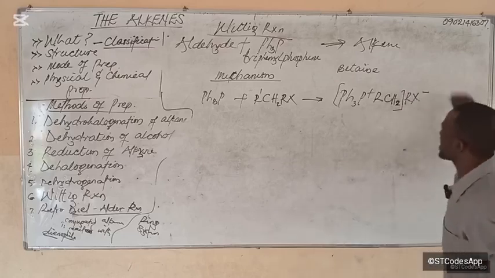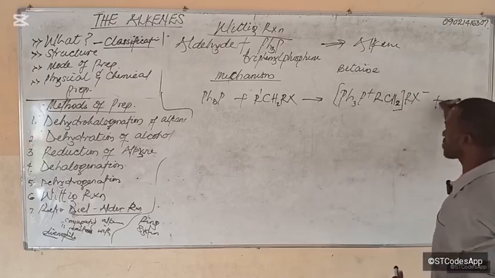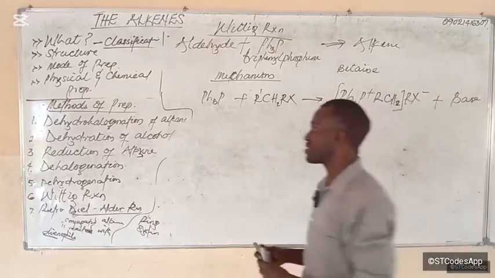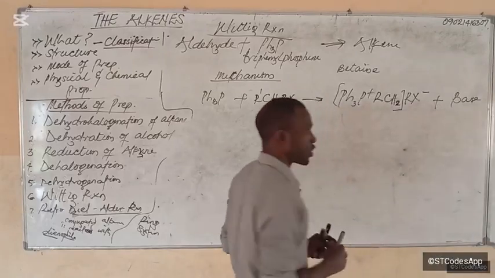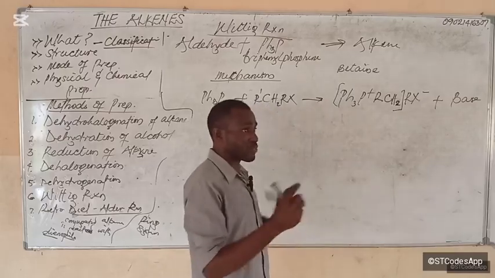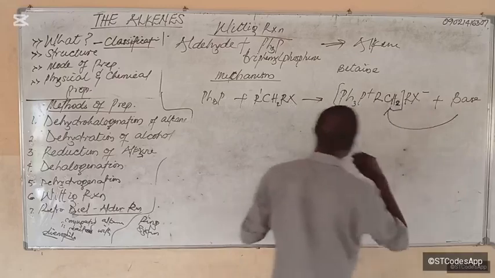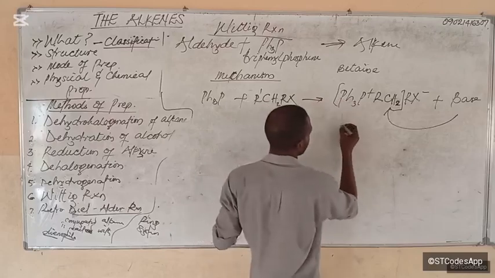Okay, then you now react this with a strong base. Once you react it with a base, what does a base do? A base deprotonates, right? So the moment you deprotonate this, you are going to form this.